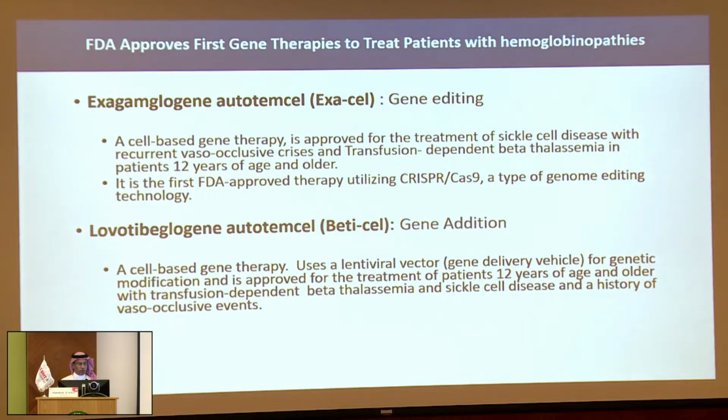In fact, it is the first FDA-approved therapy utilized clinically. The other one is the Beticel, which is a gene addition therapy that is also FDA approved, and again it was approved for patients with vaso-occlusive crises and patients with transfusional beta thalassemia older than 12 years.